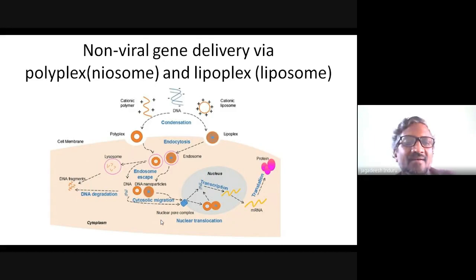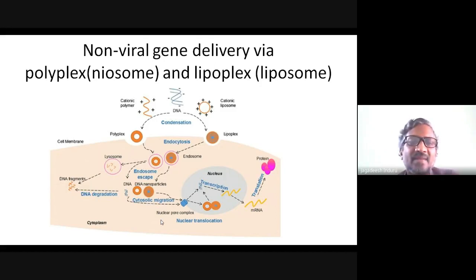So they cleave it, and it causes DNA degradation, and the fragments will be floating in the cytoplasm. They may be used as precursors for the next journey. So it is actually wasted. Whatever time and effort we have put in is wasted. This is what lysosome attack does after phagocytosis.